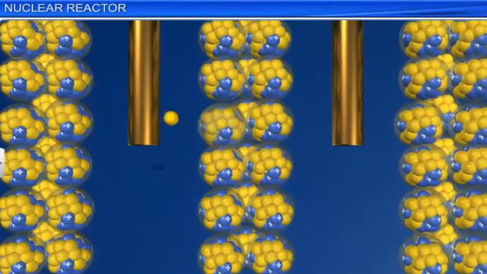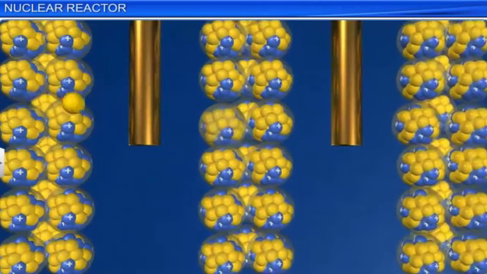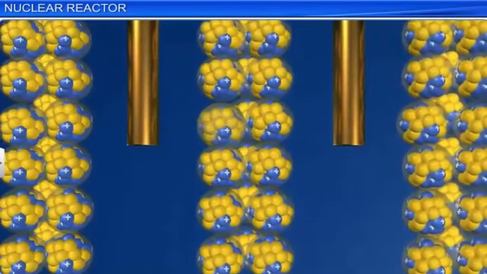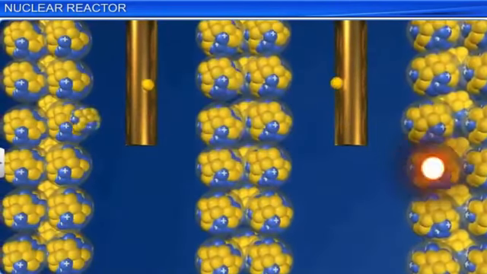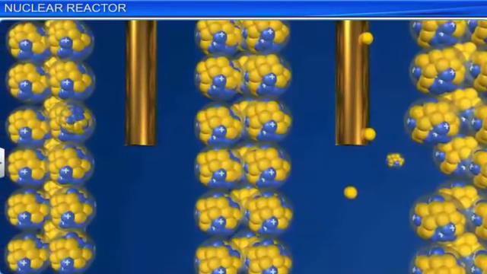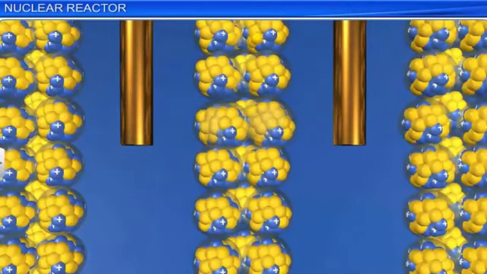It is observed that the probability of uranium-235 undergoing fission is high when it absorbs neutrons with energies of approximately 0.04 electron volt, typically called slow neutrons. The probability of absorption of fast neutrons by uranium-235 is very low, and hence it does not help in the fission of uranium-235.